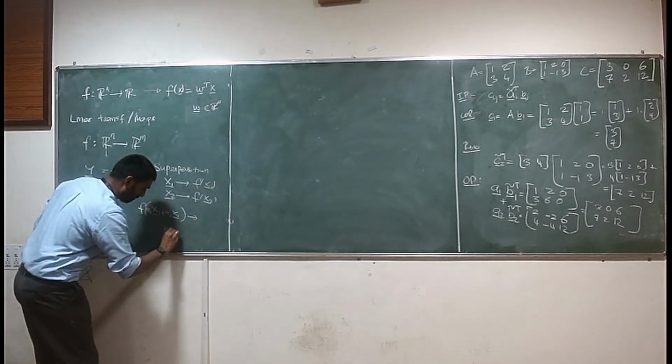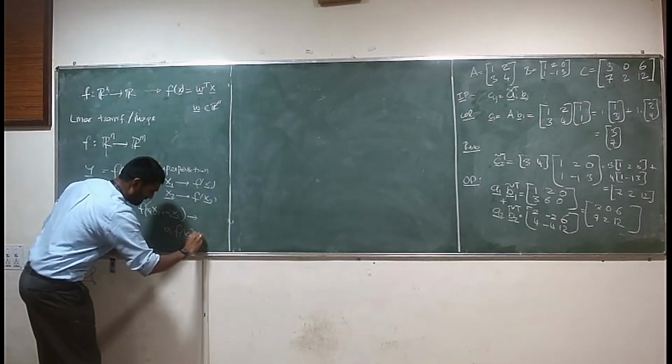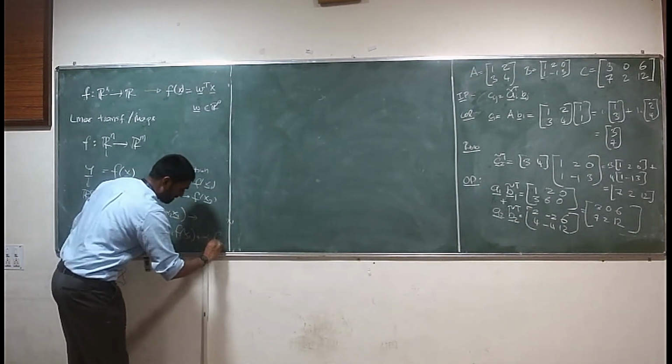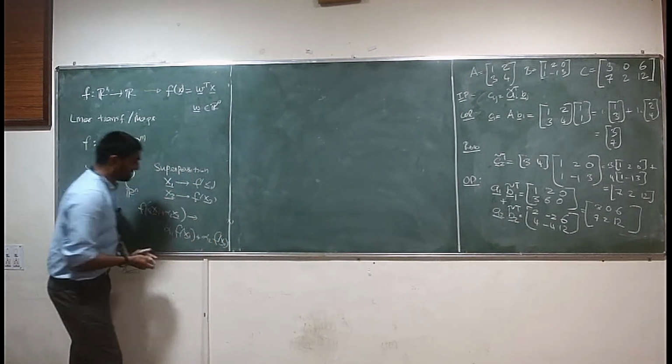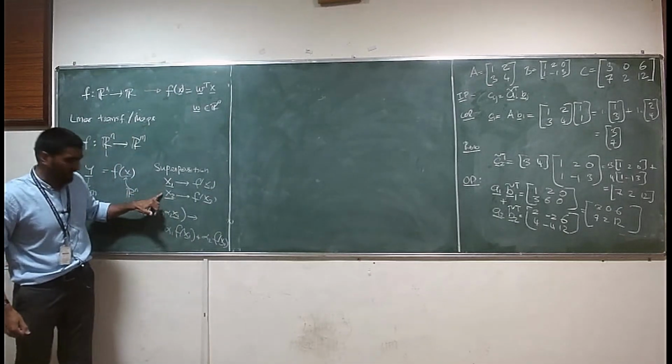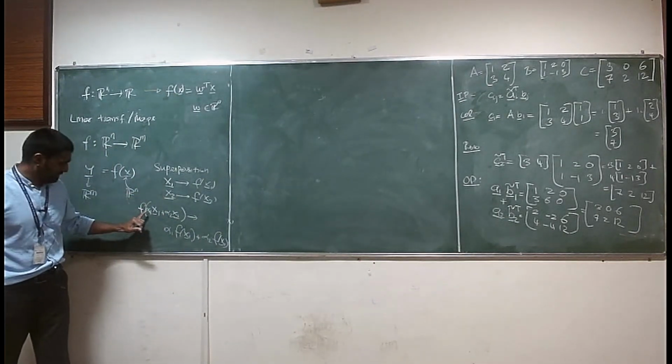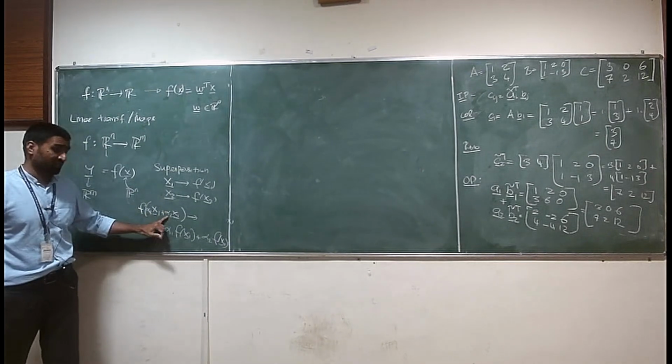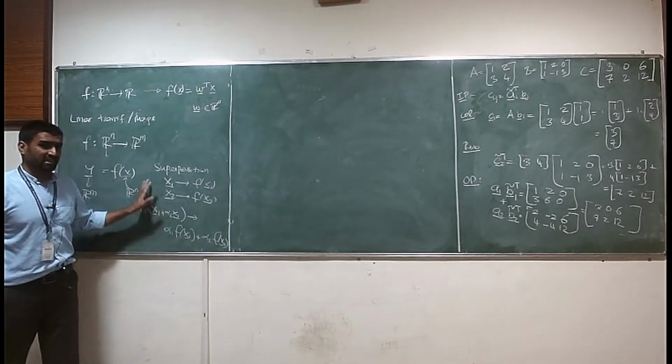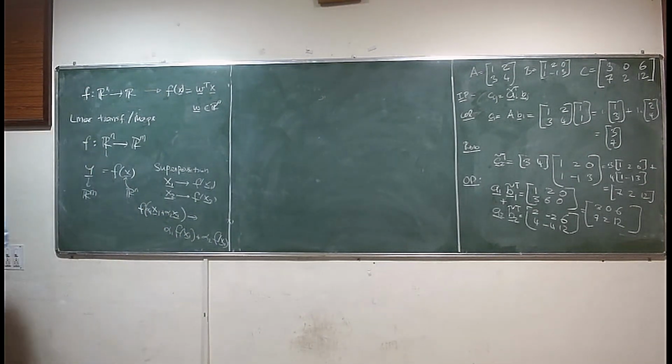This is simply alpha 1 times f of x1 plus alpha 2 times f of x2. And if this is satisfied for all possible x1, x2 and all possible alpha 1 and alpha 2, then you say this function is a linear map. The same as what we had before.